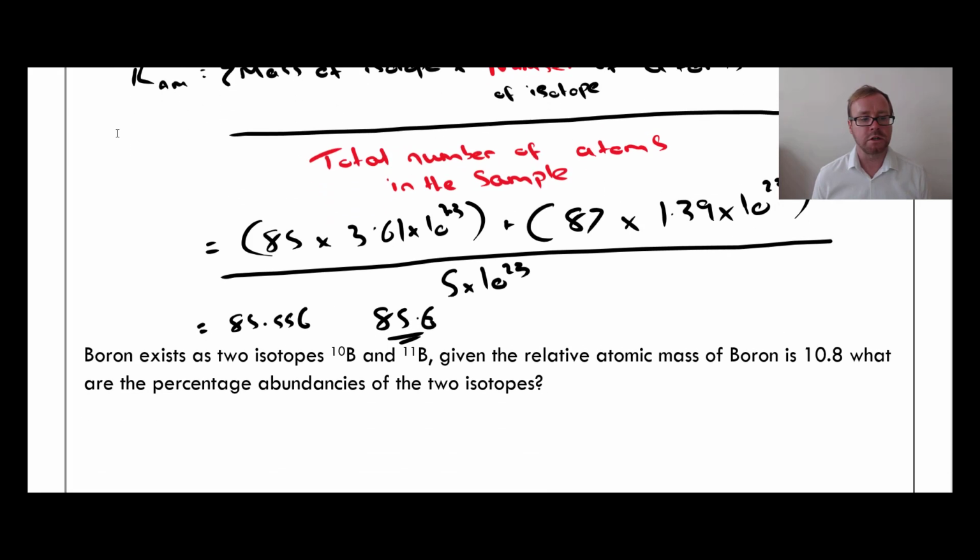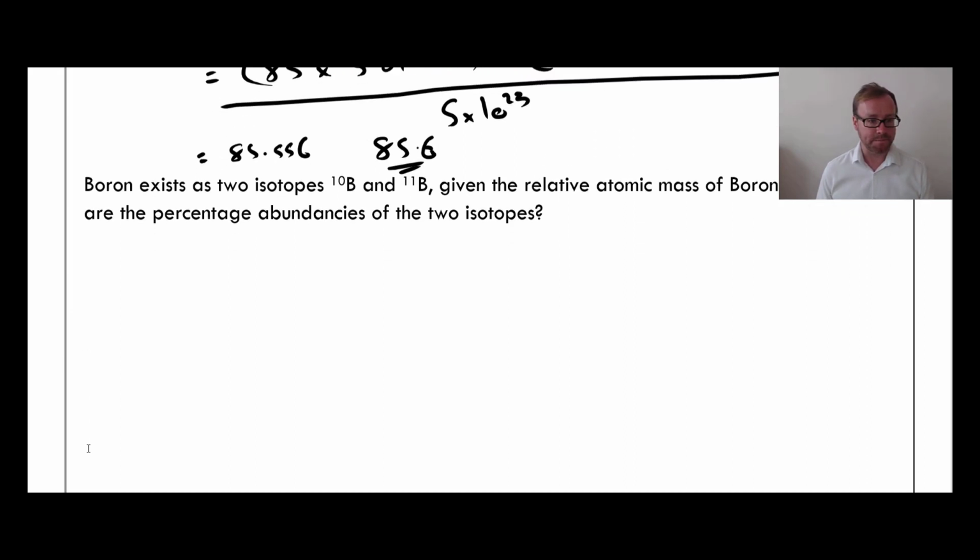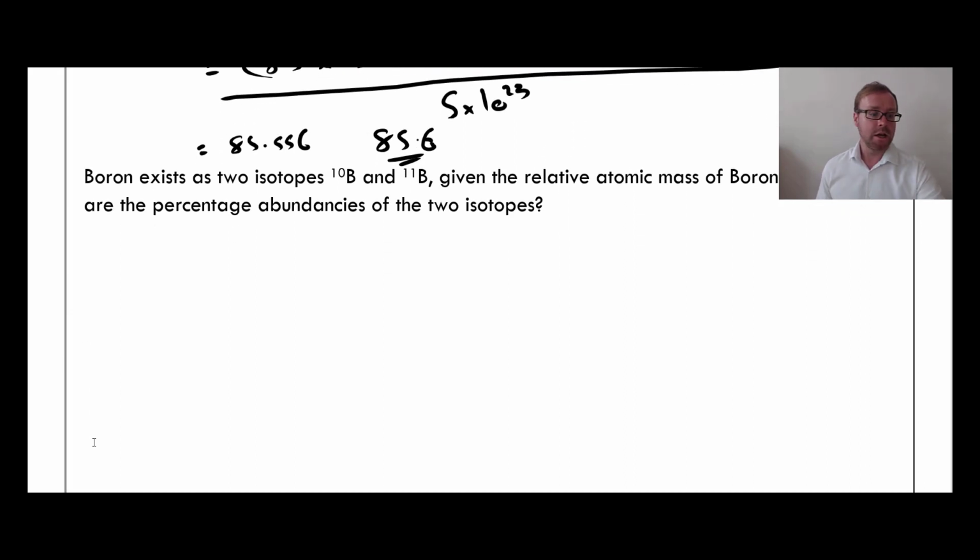Okay, right, I'm sure you got that right, and we'll move on to probably the hardest type of question you can be asked about calculating relative atomic mass. I'll read through it and then I'll give you a few more minutes for this one because it is quite tricky. So boron exists as two isotopes, 10B and 11B. Given the relative atomic mass of boron is 10.8, what are the percentage abundances of the two isotopes? Now I'm going to give you a clue. We know that it's a percentage abundance, and we know that there are two isotopes.